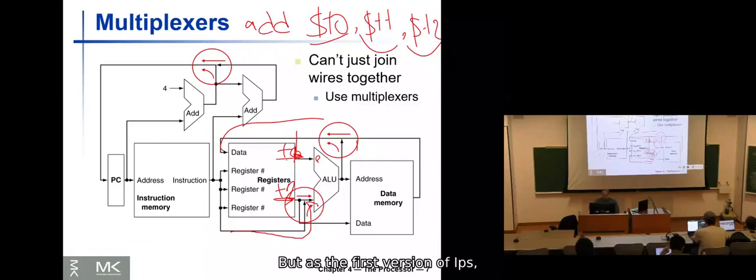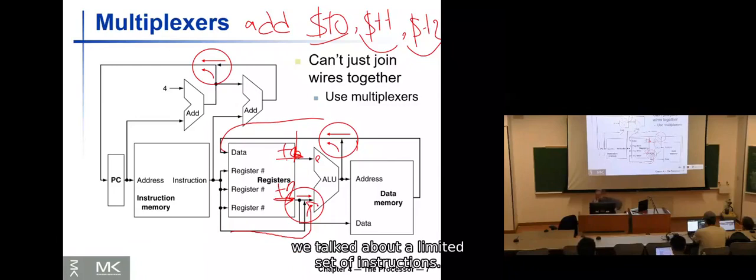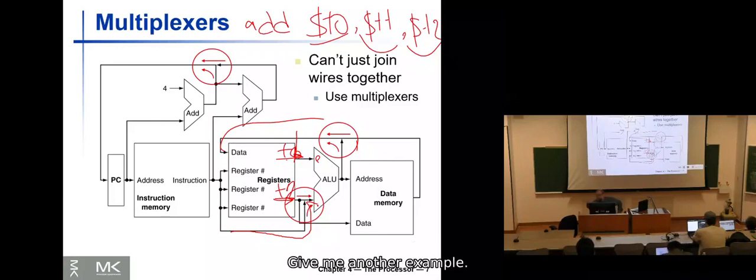But as the first version of MIPS, we talked about a limited set of instructions, and the instructions that we are going to implement don't cover add immediate. So give me another example. Like any or immediate? No, it's again the same as add immediate.